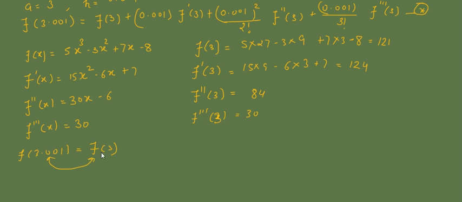So just retain f3 as it is, plus 0.001 times the first derivative at 3, which is 121, plus 0.001 square by 2 factorial times the second derivative at 3, that is 84, plus 0.001 cube by 3 factorial times the third derivative at 3, which is just 30.